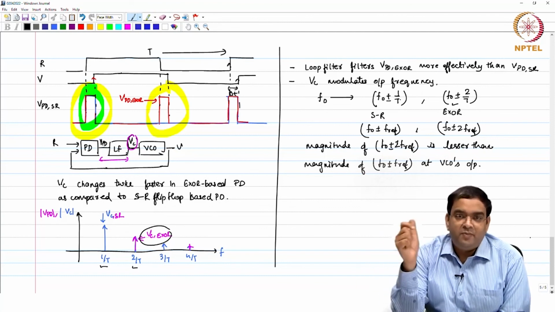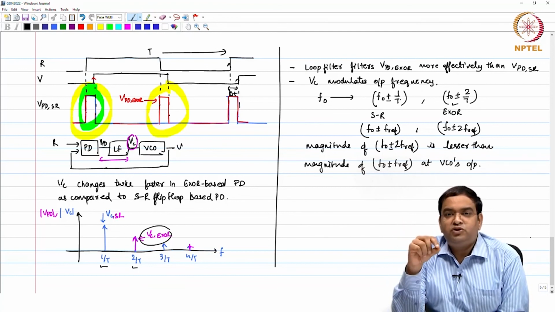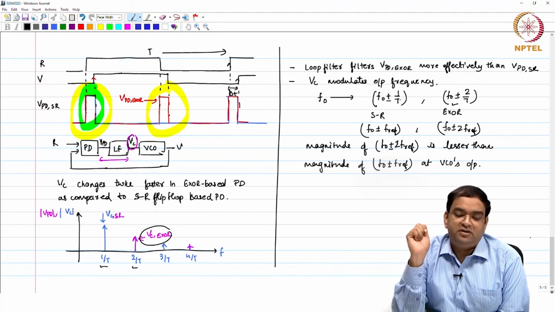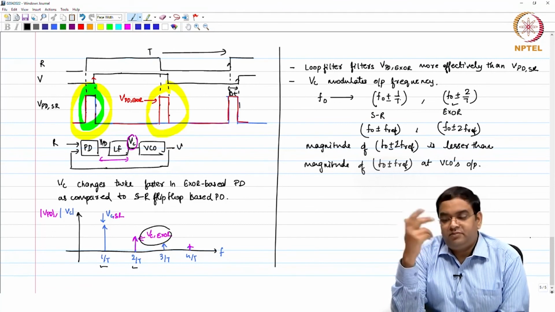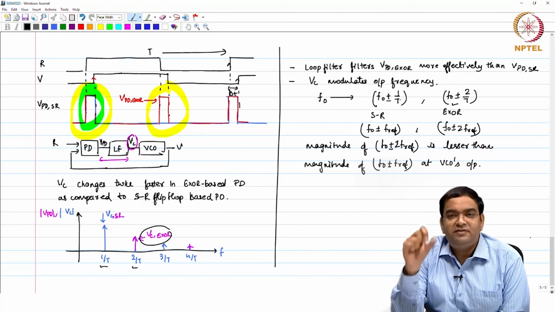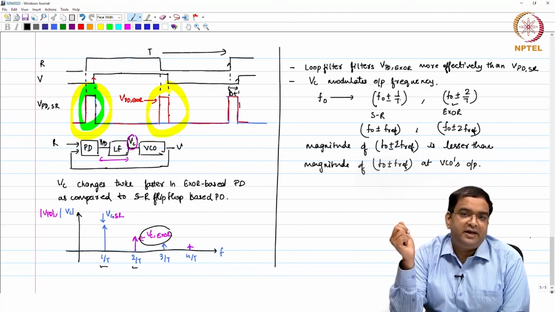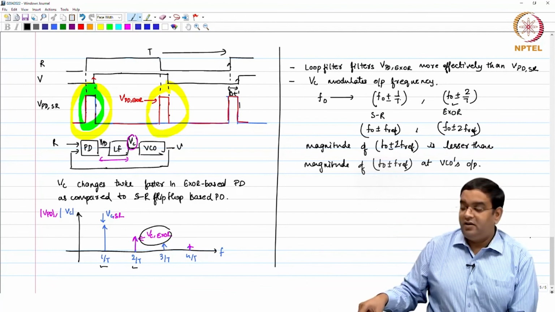The bad part is that it is susceptible to the duty cycle of the clocks used for the phase error detection. So, based on your choice, you can choose one of these phase error detectors. Okay, let me stop.